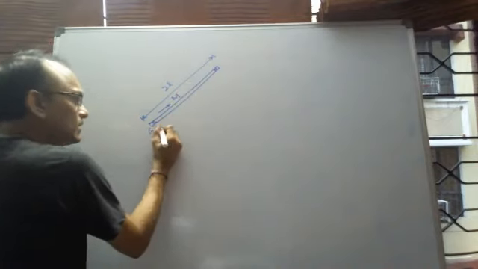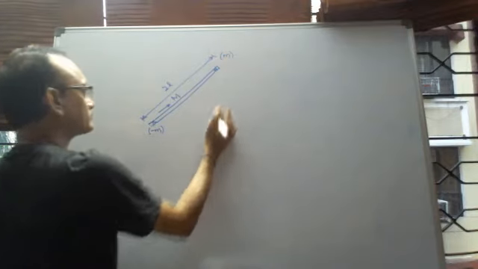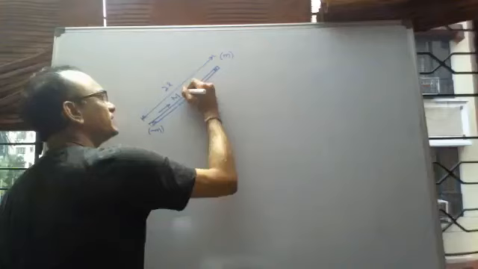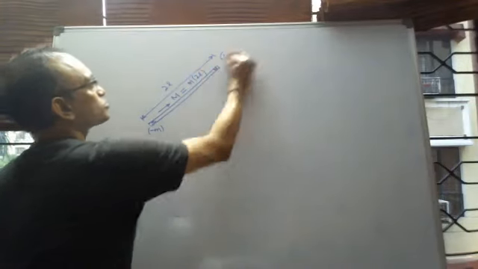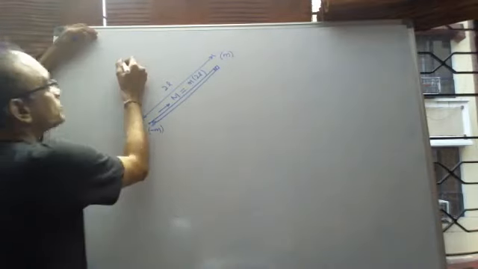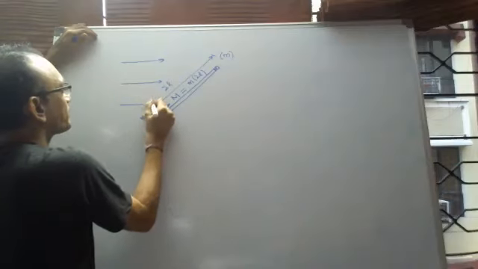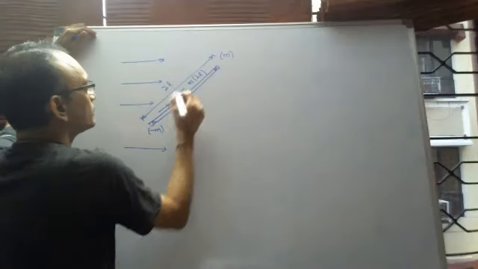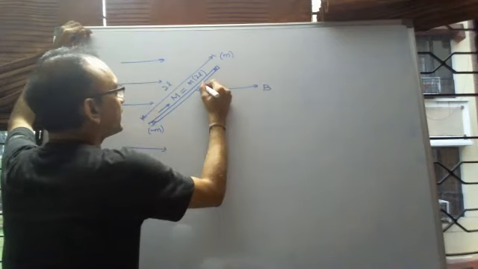This is pole strength minus M. This is pole strength plus M. Then its magnetic moment is given by what? M into 2L. M into the length. Pole strength into the length, right? And it's from the south to the north. Now suppose the whole thing is placed in a uniform magnetic field B at an angle theta.